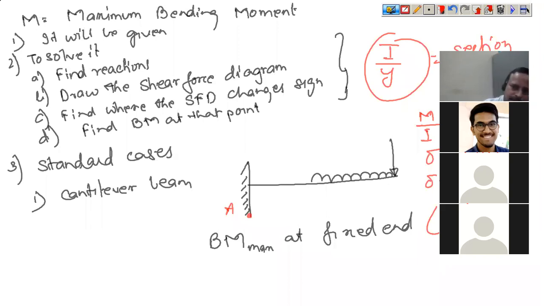Why is it called the section modulus? Because these are two parameters which are dependent upon the cross section of the body. This is also a geometrical parameter of the same body. So the ratio I by Y is termed the section modulus, denoted by Z.